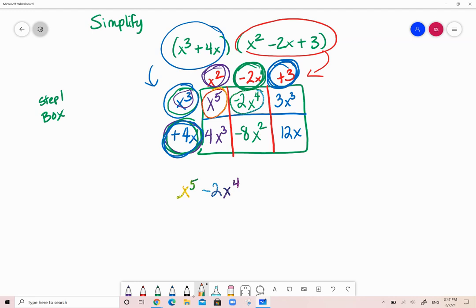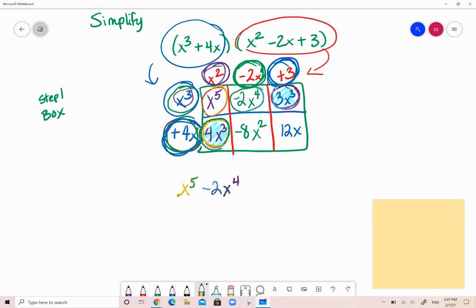Now let's look at, here's an x cubed. I also see another x cubed. These both have x cubed. Let me highlight it in blue. They're the same, so now you add them. 4 plus 3 becomes 12? No, sorry, that's multiplying. Oops. 4 plus 3 is 7. So be careful, you might be doing the same thing as me.